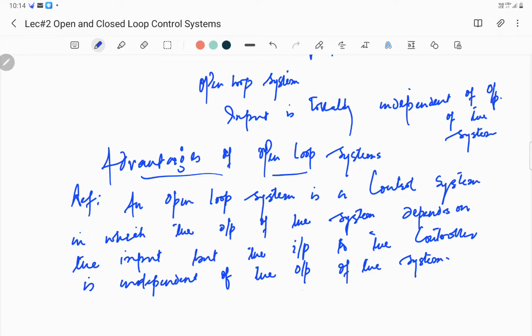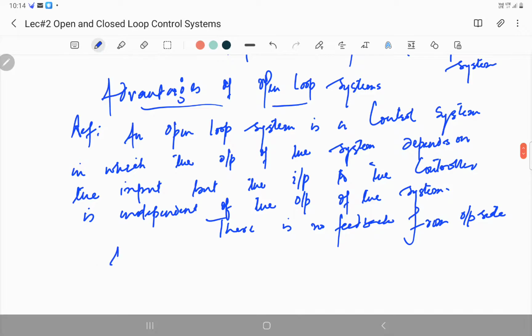So in other words, there is no feedback from the output side to the input side.